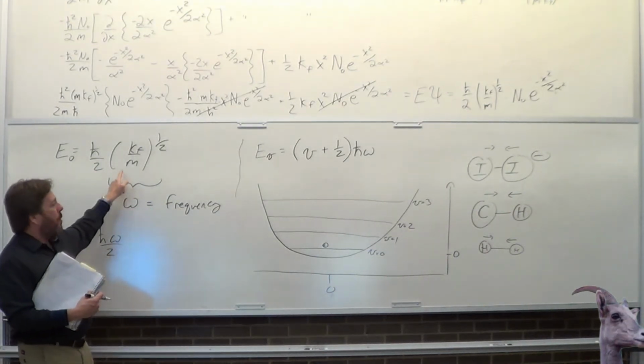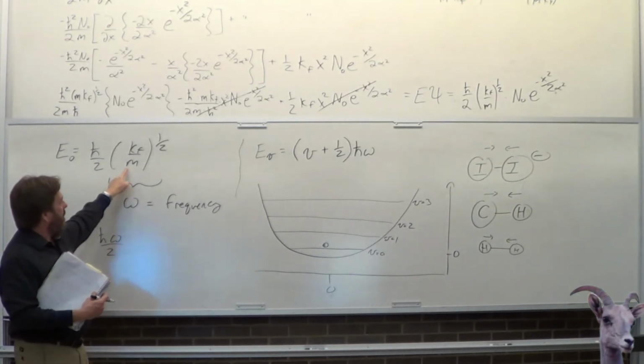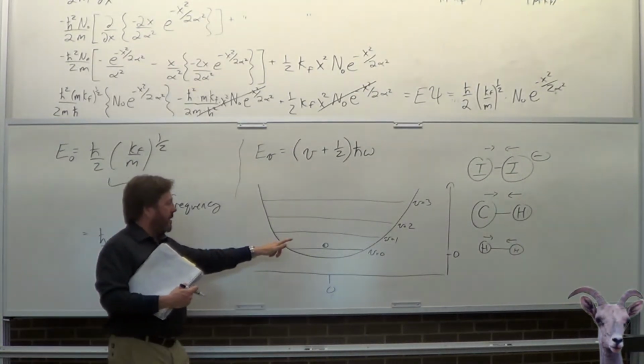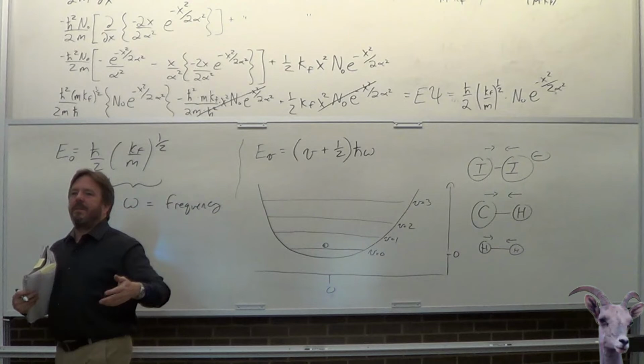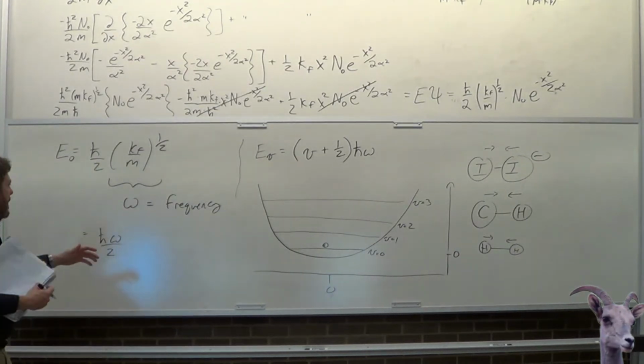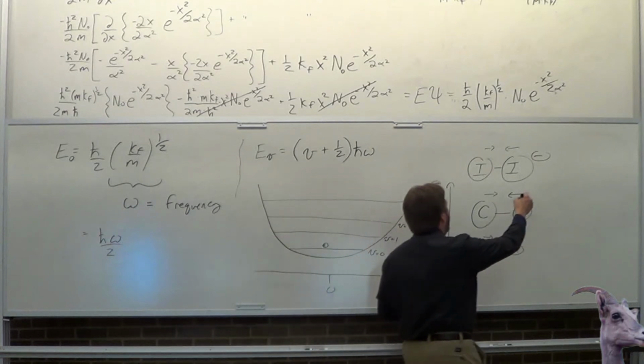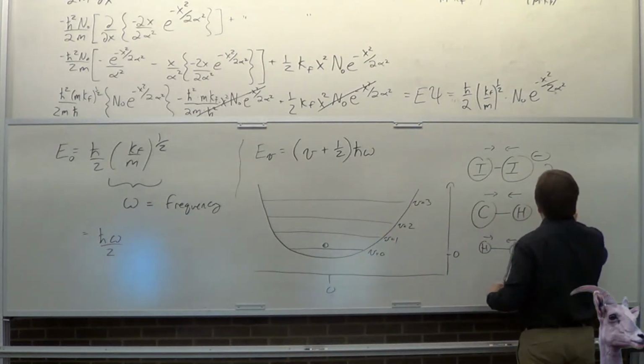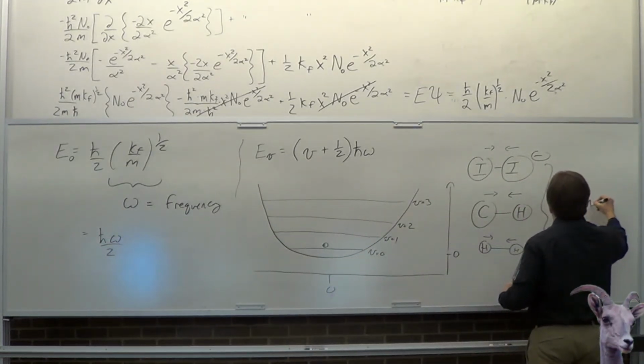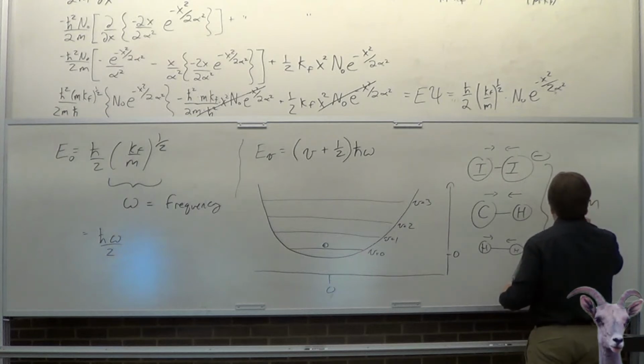But anyway, the way that works is, if you're going to think of this as a little ball trapped in a little well, it's like a skateboarder, right? Then that's the mass of the particle. When it comes to these guys, the mass becomes reduced mass.